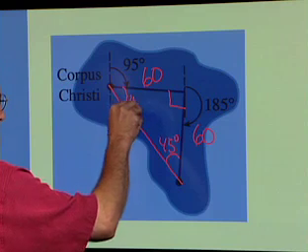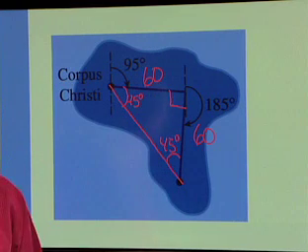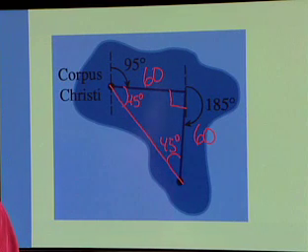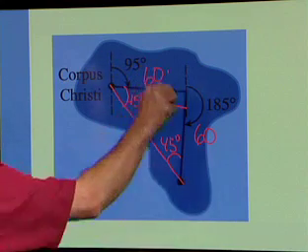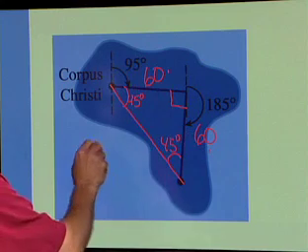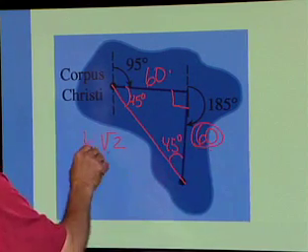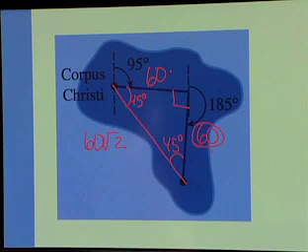Now, there are many ways to approach this, and one of the approaches is, since it's a right isosceles triangle, we know that the ratio of the sides is 1, 1, square root of 2, this side being the square root of 2. But we have to multiply each one by 60, so it's 60 times the square root of 2.